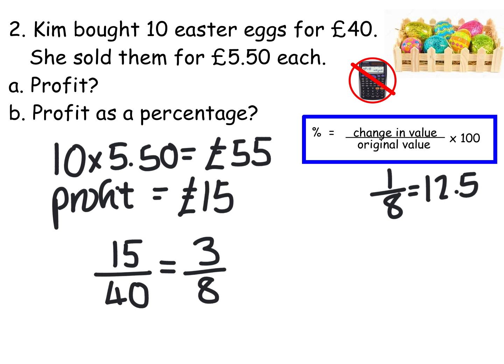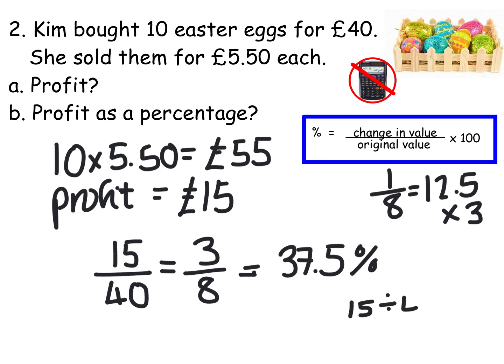So 50, 25, 12.5. So if 1/8 is 12.5%, we need to multiply that by 3 to get 3/8, which gives us 37.5%. Now, if you had a calculator, you would do this very differently. You would do 15 divided by 40, and then times your answer by 100.